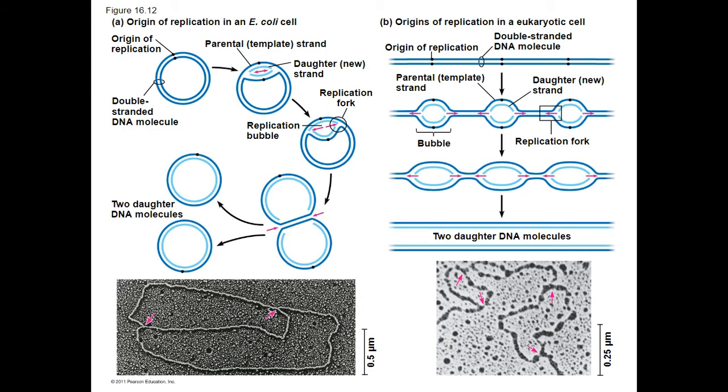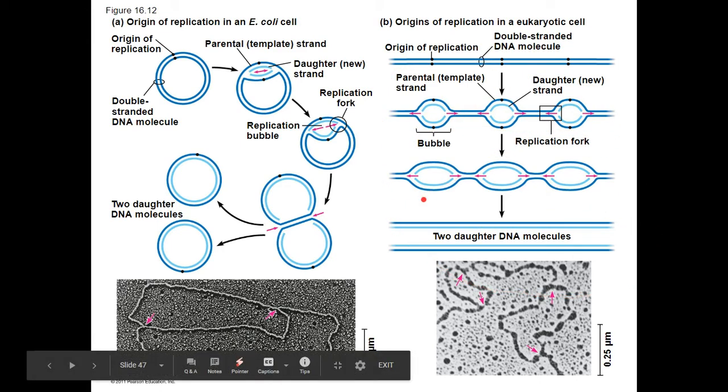So just visually looking, circular DNA from an E. coli cell goes in one direction, both directions, one bubble, all the way through until we have two daughter cells. Our DNA has several origins of replication until the entire molecule is replicated.